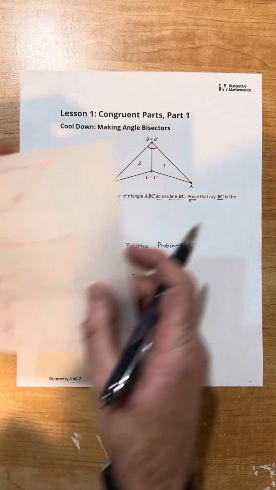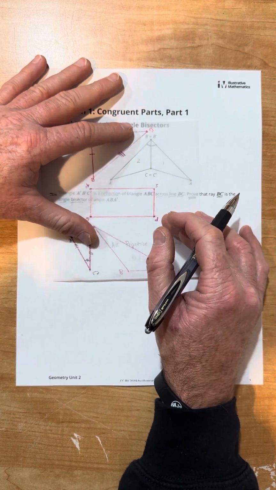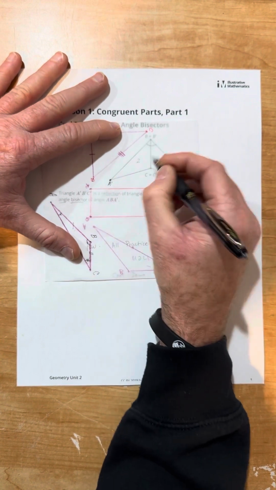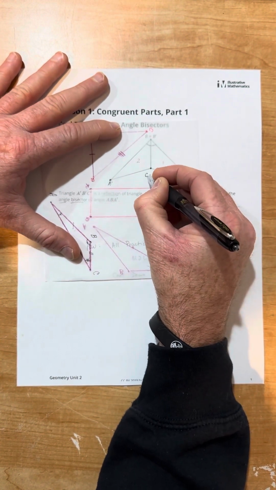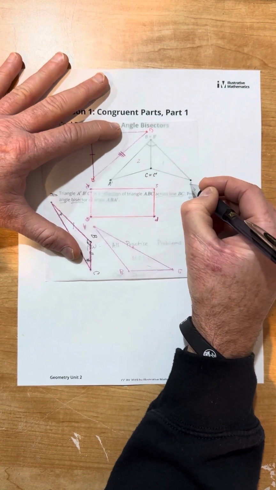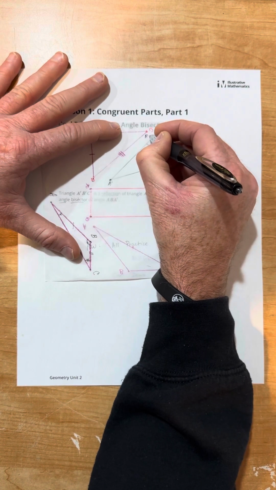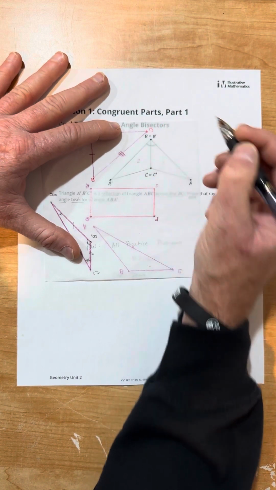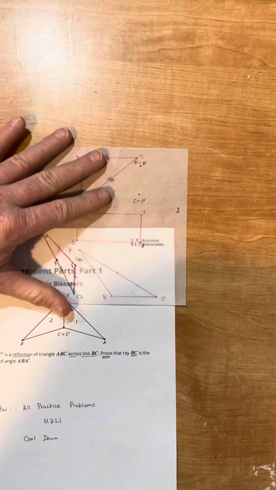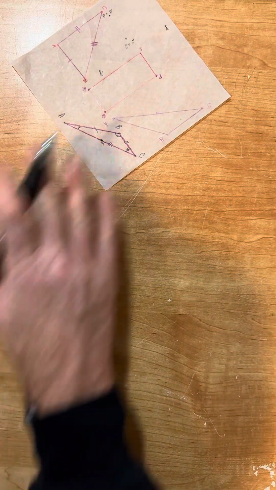So this one is so easy. A prime C equals C prime. A B equals B prime. Okay. So we got to prove this angle equals this angle, which is so simple.